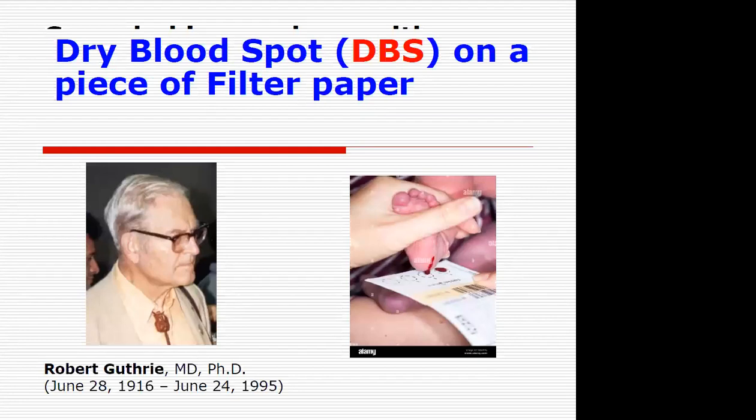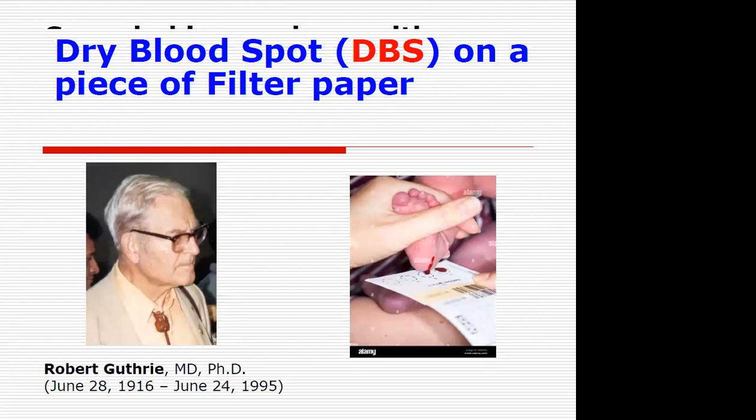Well, if I want to give you a history of screening, it goes back to the 60s when an American physician named Robert Guthrie, for the first time, invented a screening test for PKU, or phenylketonuria.